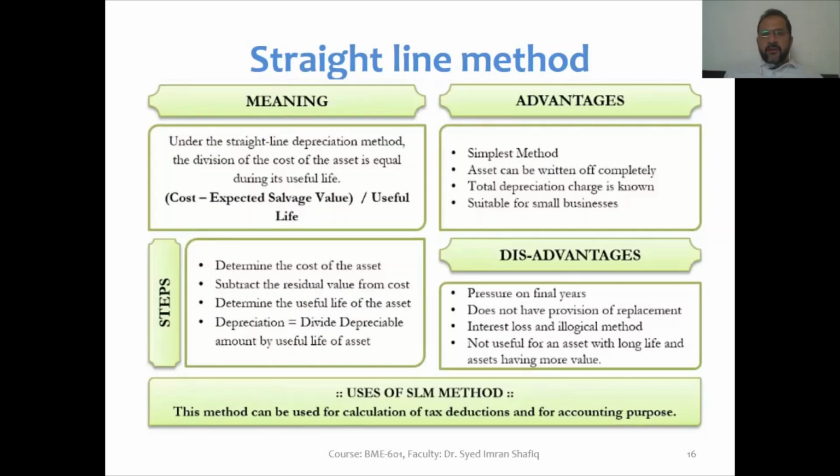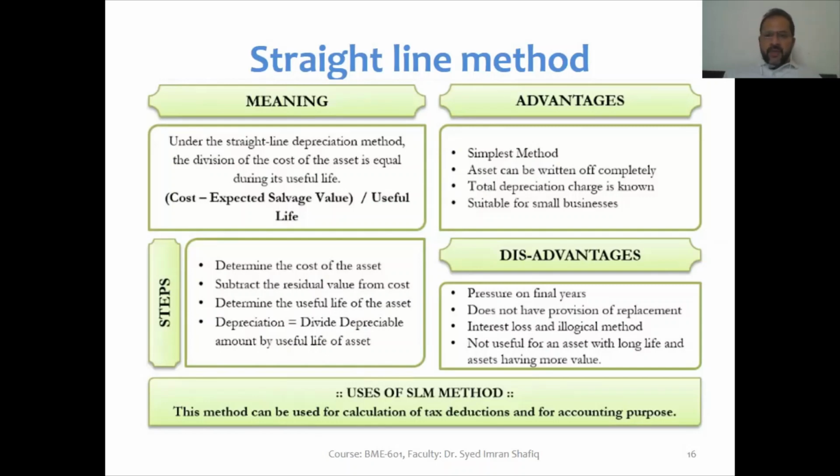So every year a fixed amount of money will be depreciated. It has certain advantages and certain disadvantages. The advantages are: it is a simple method, the asset can be written off easily, the total depreciation charge is known, and it is suitable for small businesses.